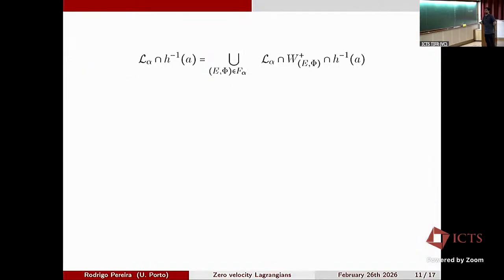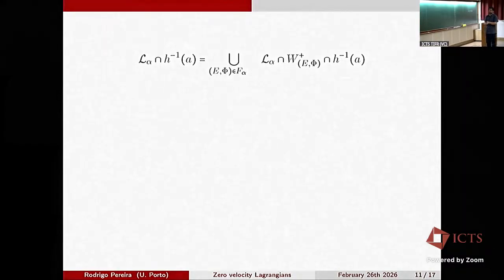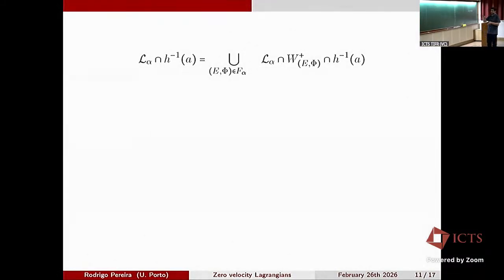Okay, so in general, this might seem a bit silly, but we're going to split our problem into two components, one horizontal and one vertical. So we're going to try and decompose our Lagrangian into each of its fibers and try to find out the intersection with each one.